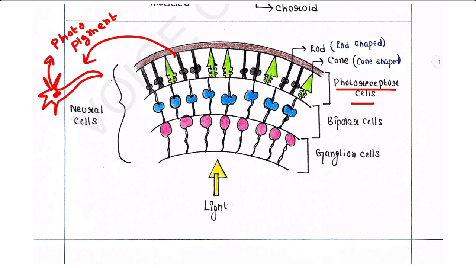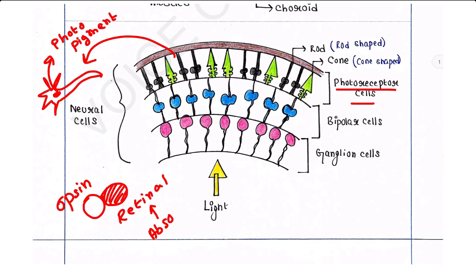And the photopigments are composed of opsin, that is a protein, and retinal. So, retinal is the aldehyde of vitamin A. Now this retinal absorbs light. Light induces dissociation of the retinal from opsin.